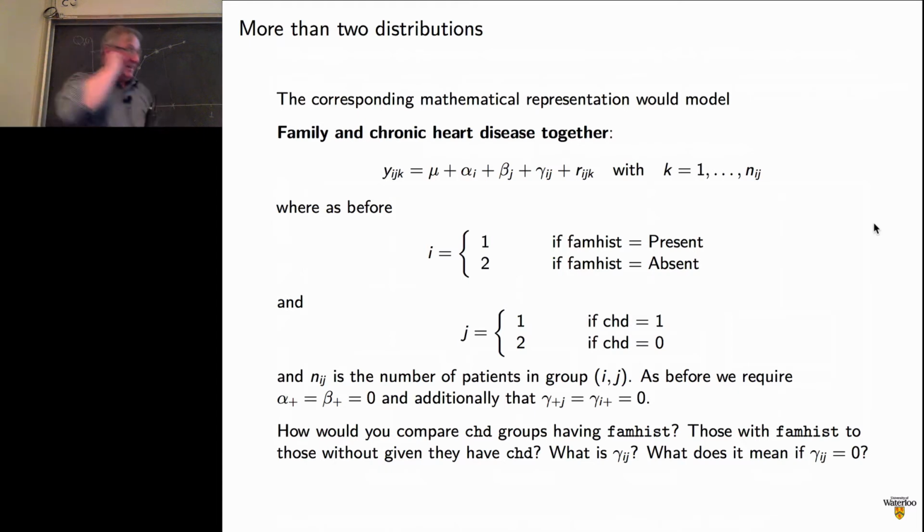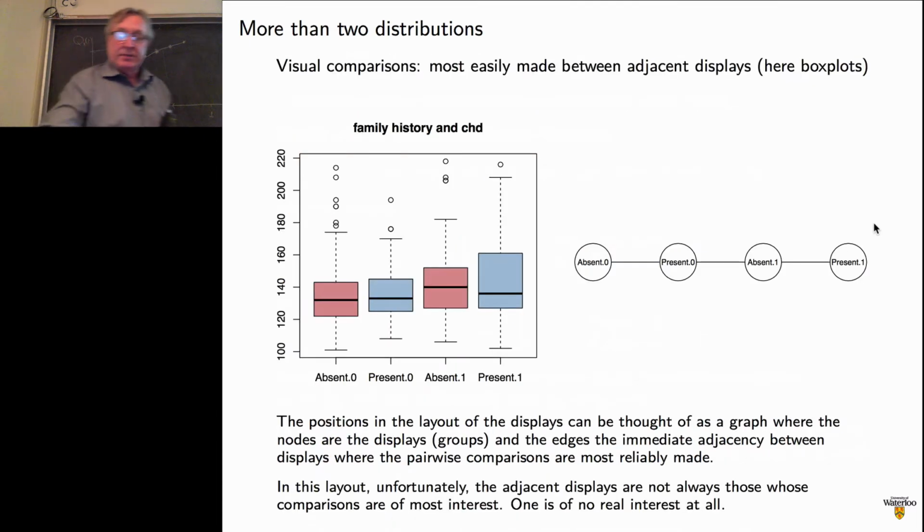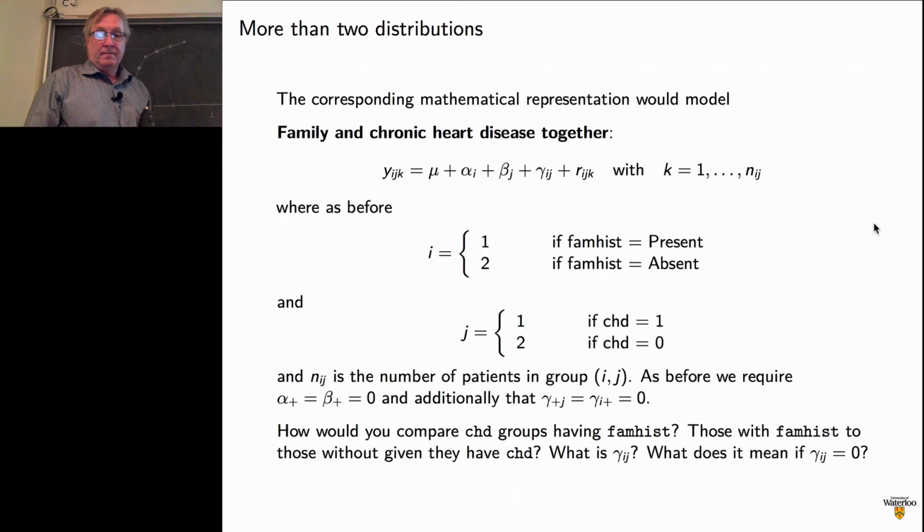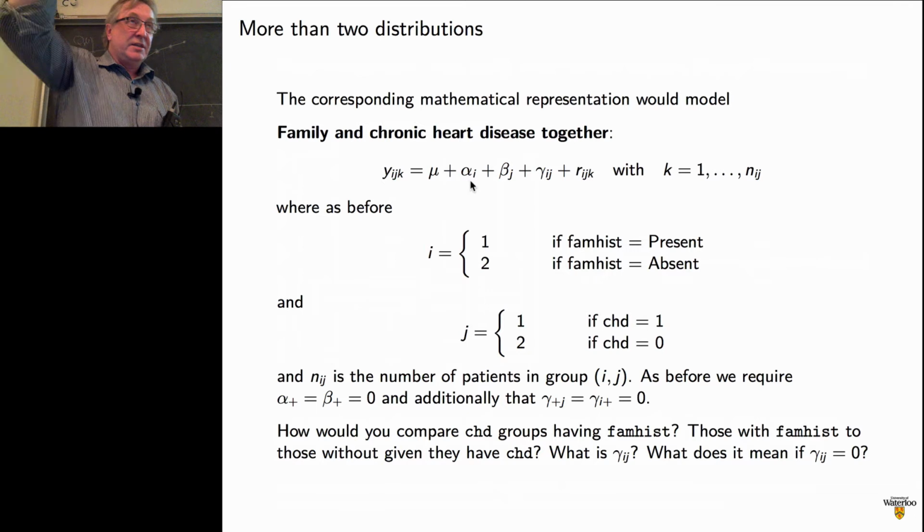So, if we look at the visual comparison, oh yes, question. Why that's smaller? Principally because if there is a difference in the mean value of family history or no family history, that difference is going to show up in that parameter there. So whatever difference it takes out is coming out of the residual, right?